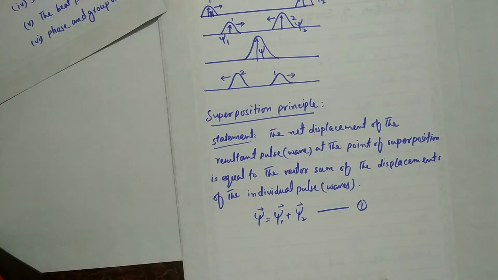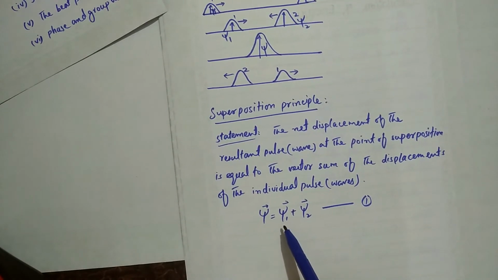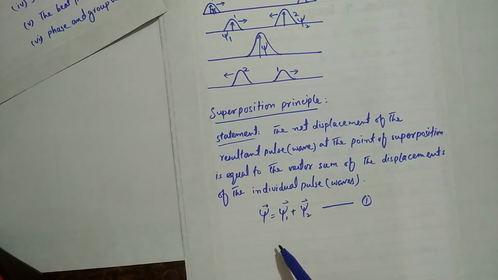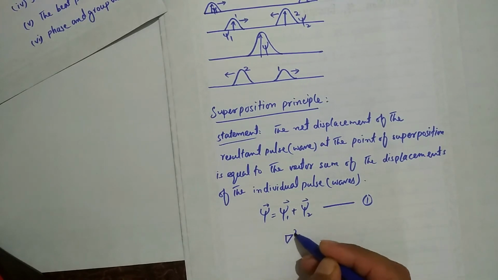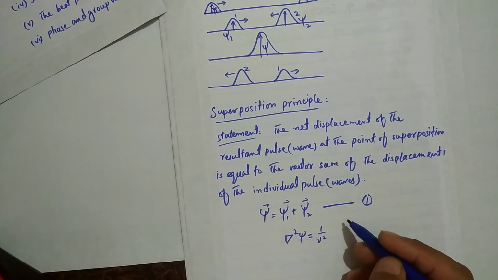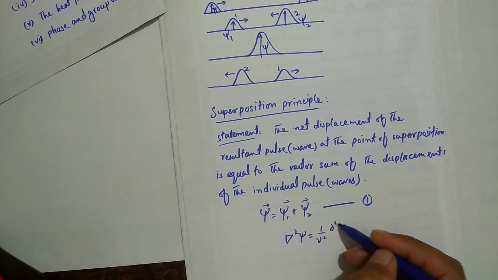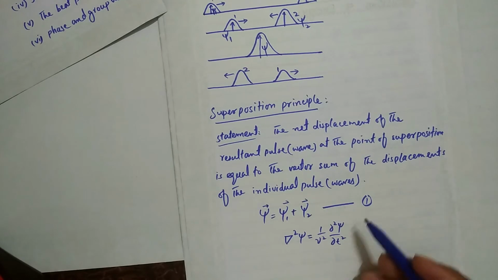The same principle can be stated more formally as: if psi 1 and psi 2 are independently solutions of the wave equation, let's suppose we have a wave equation which is del square psi equal to 1 upon v square times partial square psi upon partial t square. Clear?